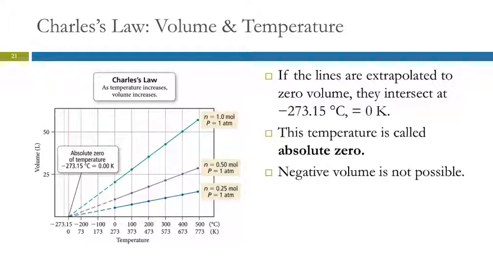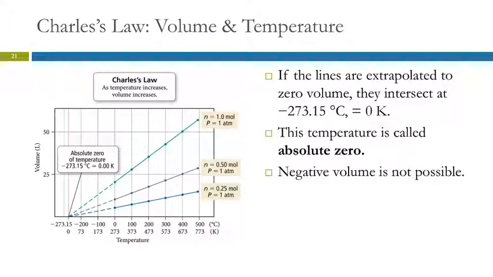That's called 0 Kelvin, absolute 0, because it's not possible to have negative volume. If you went past this, then the volume would be negative, and that's not possible. So this is the lowest theoretically possible temperature. We've gotten really close to getting there, but nobody's actually gotten to 0 Kelvin.